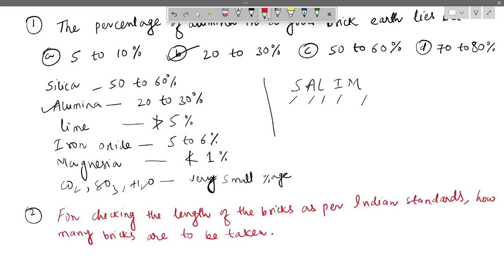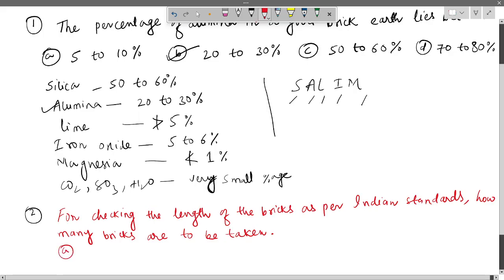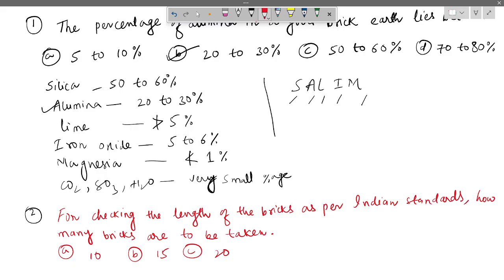The 4 options are given as usual. The first option is 10, in B it is 15, in C it is 20, in D it is 25. Which will be correct? For checking the length of the bricks as per Indian standard, how many bricks are to be taken?